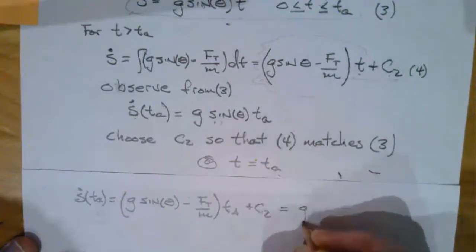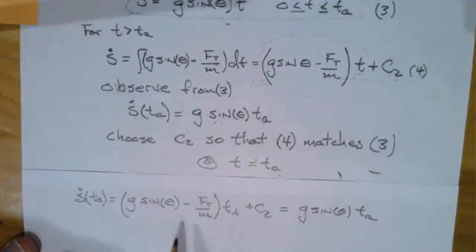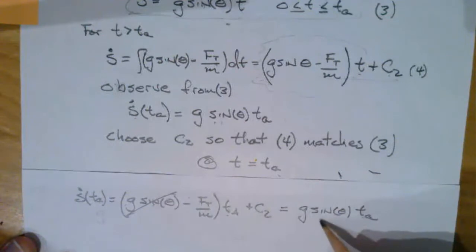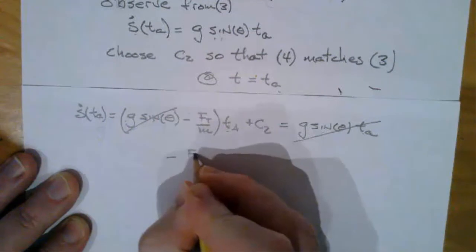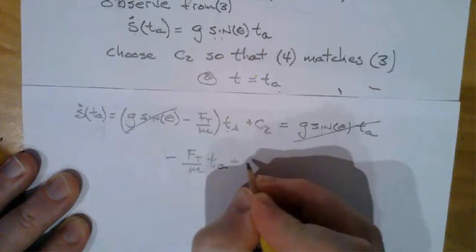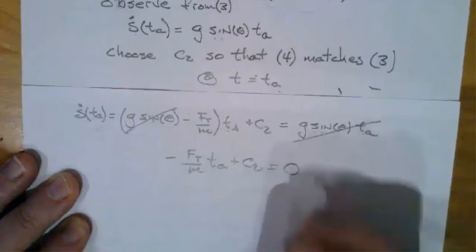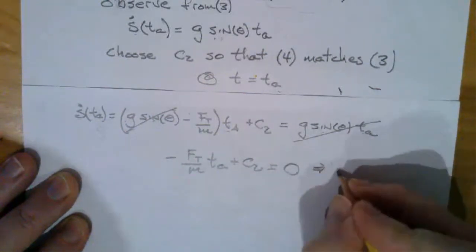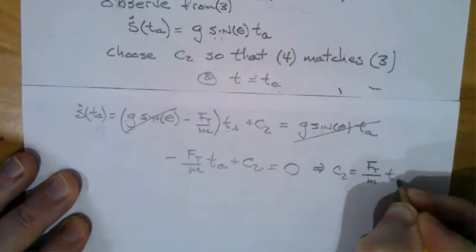So this is going to equal g sine theta ta. Notice on both sides I have g times sine theta times ta. So this term is going to cancel out that term, and what I have left, reading right off here, is minus ft over m ta plus C2. That's what's left there, and I've got nothing left on the right hand side, so that's 0, which tells me that C2 has to equal ft over m ta.